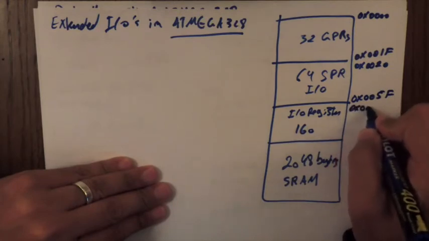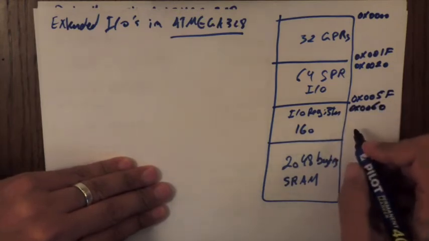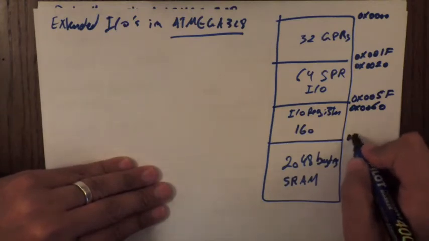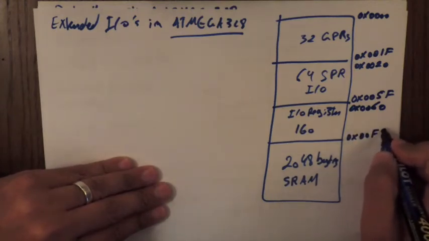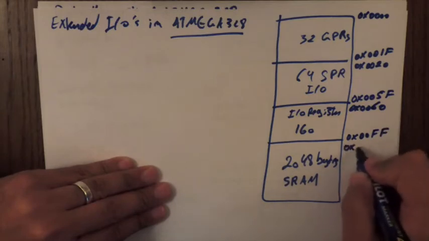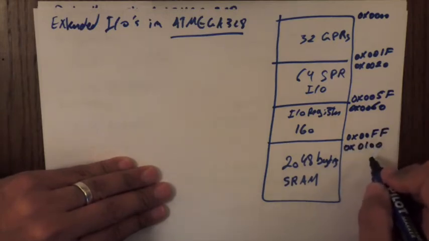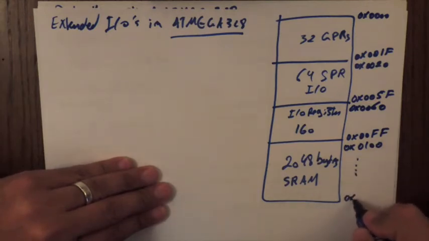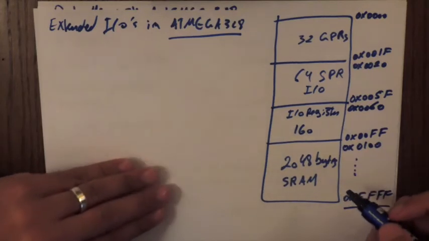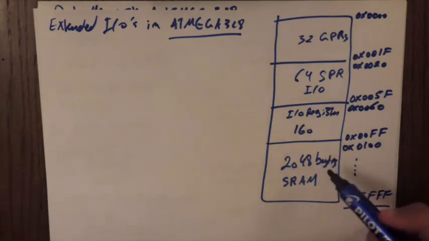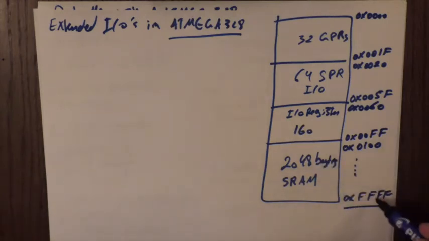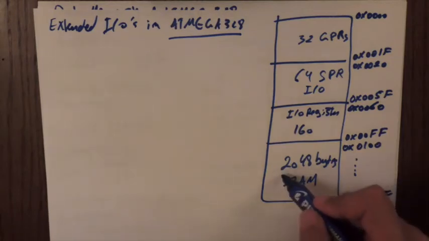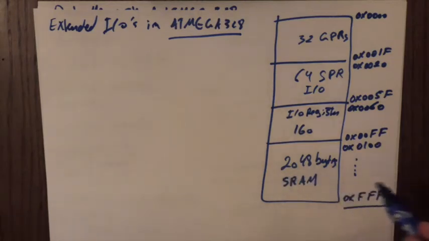The next one will be 0x0060, all the way to 0x00ff, then 0x0100, all the way to 0xFFFF. This is the maximum capacity. I will show you later that actually we don't reach this since it's huge. We only have 2048 bytes, so the number is actually much less.